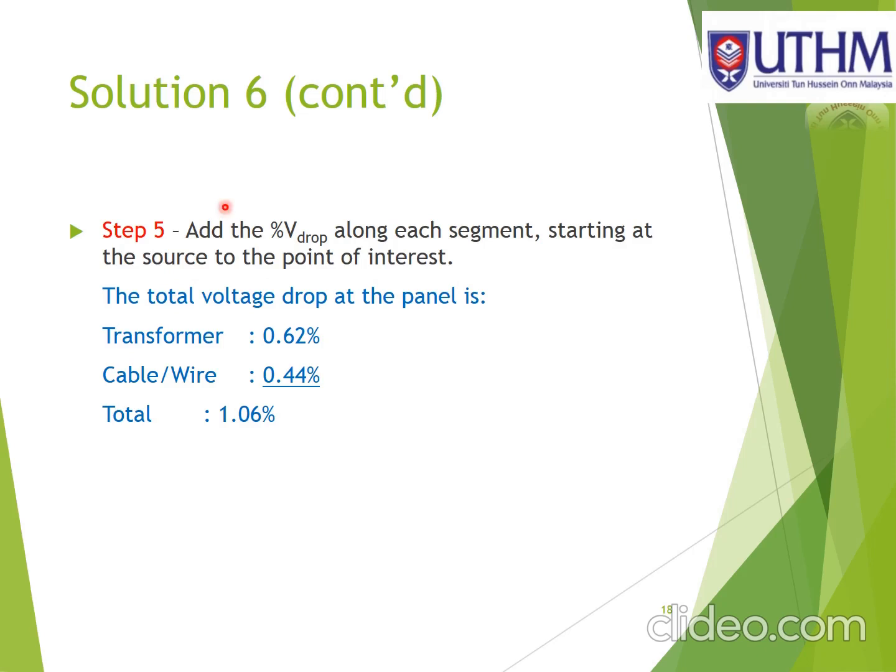We have to add the values because the segments of the circuit are in series. So to get the voltage drop, we add all the voltage drops for each segment, which is transformer and also cable. We get the total of 1.06. This is the total voltage drop.